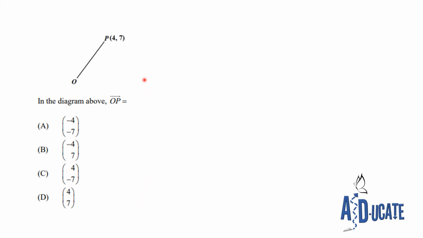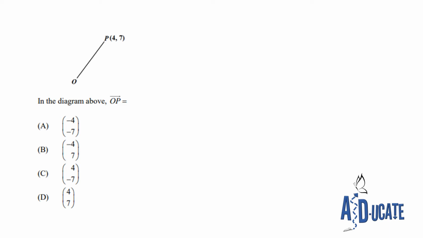This question is similar to the one that was done before, but this time I hope you are able to notice that we are given the coordinates of the point P. We're given 4 and 7 as the x and y coordinates respectively. One important thing to note is that we are dealing with a position vector.